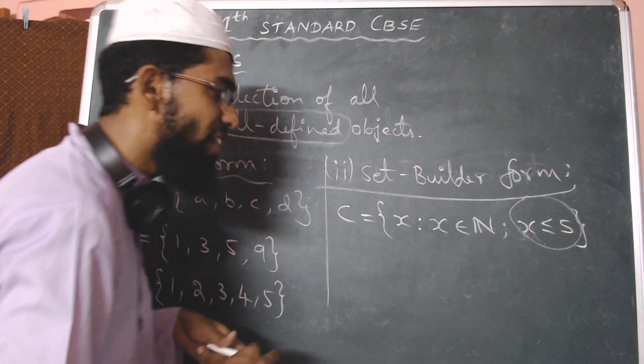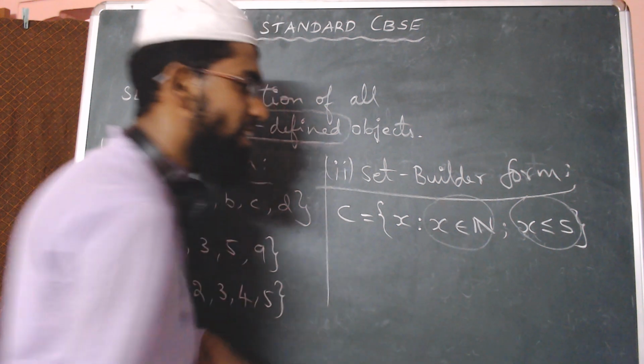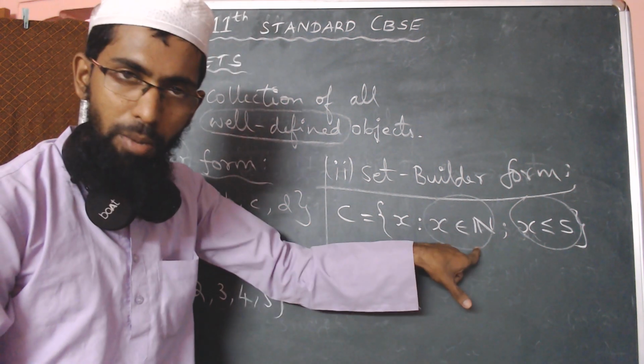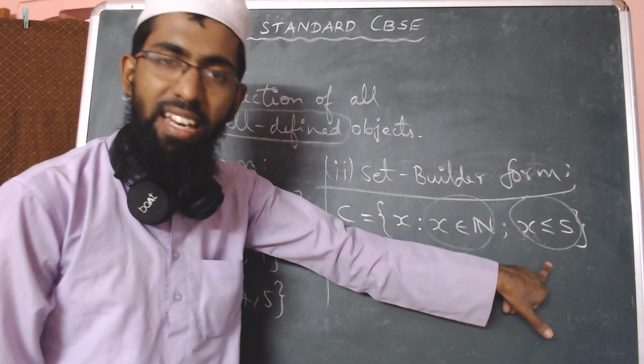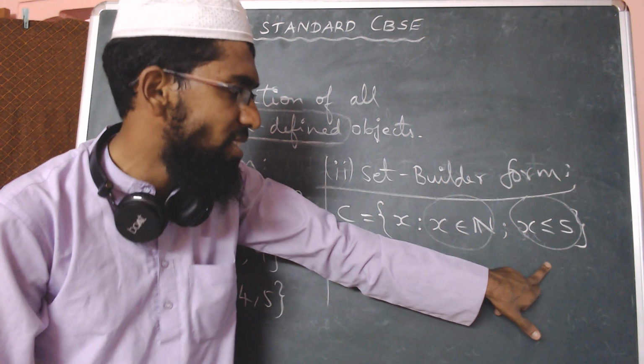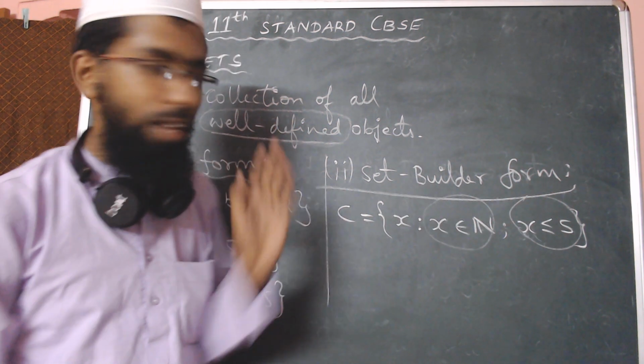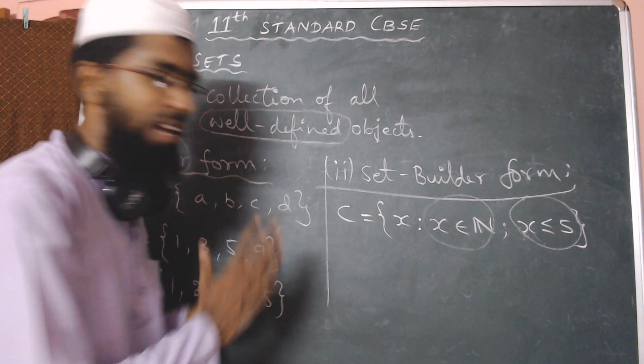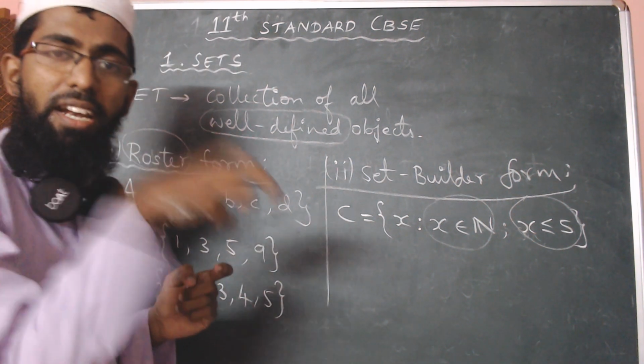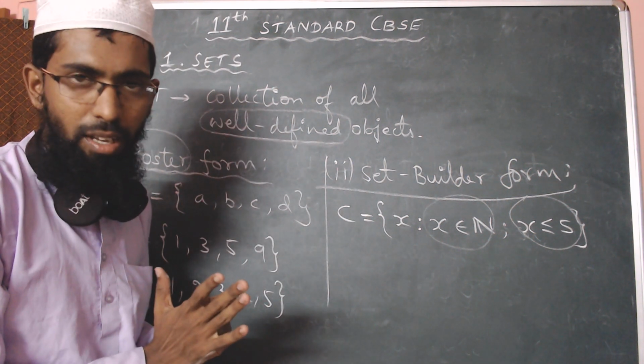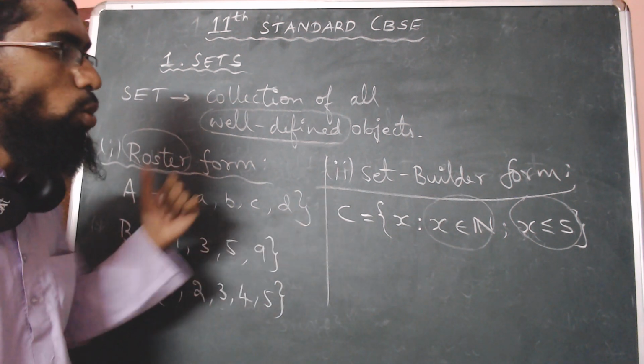Here, what is the condition? We have two conditions. The first is that all the elements are natural numbers, and the second is that each must be less than or equal to 5. So set builder form is nothing but writing the set by giving some condition for the elements of the set, right?